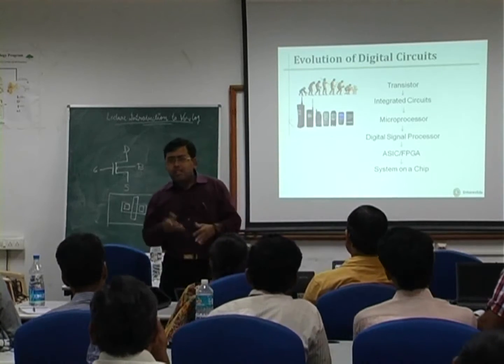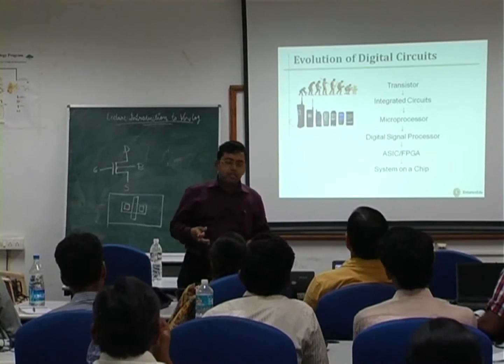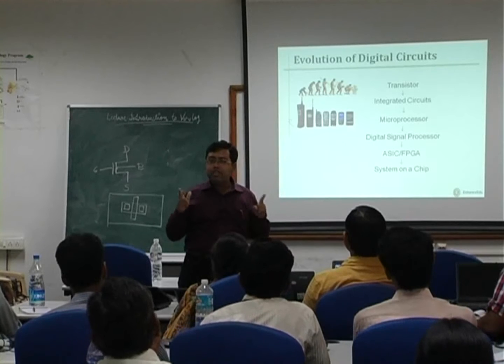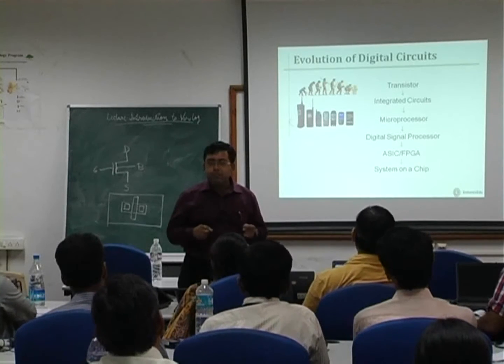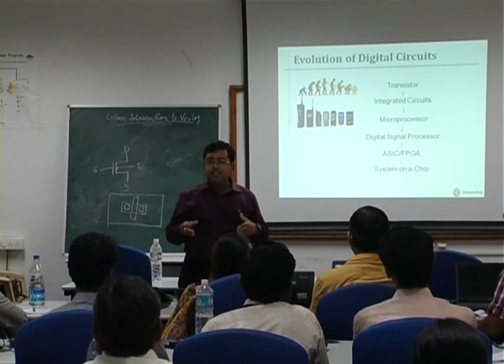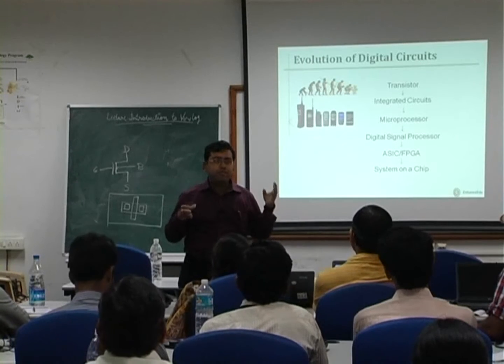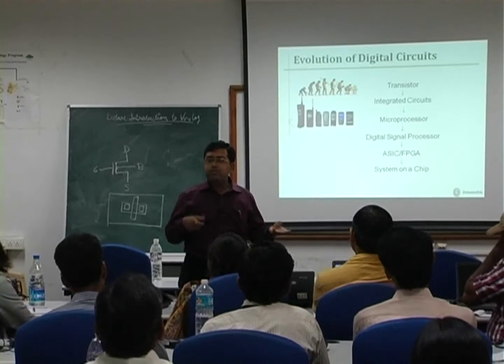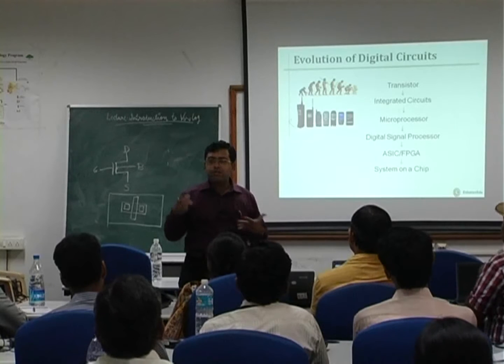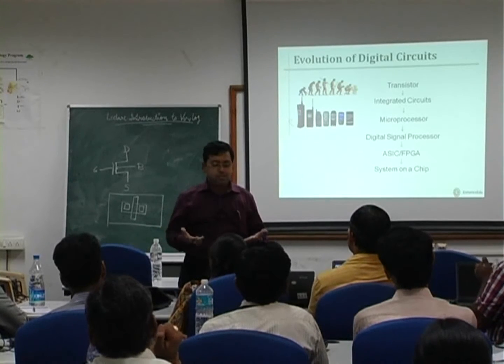So that is how things have evolved over the years. Starting from the motion of an electron between 2 electrodes in a vacuum tube, it has seen a radical change through the development of vacuum tube diodes, vacuum tube triodes, then semiconductor diodes, semiconductor transistors.